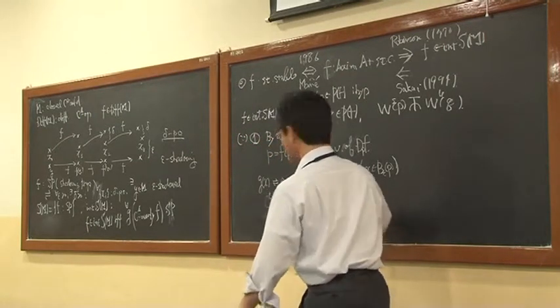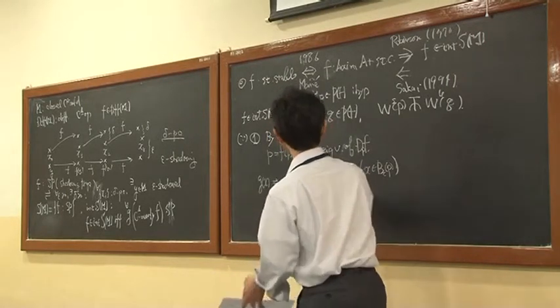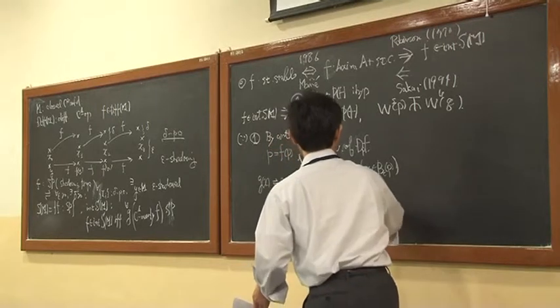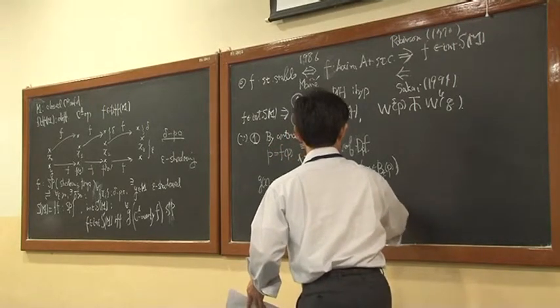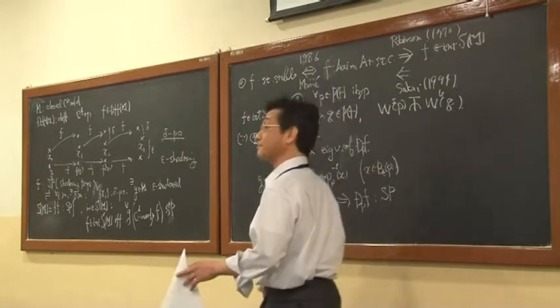But the shadowing property is invariant under conjugacy, which is just continuous. So I mean, F also has the shadowing property.